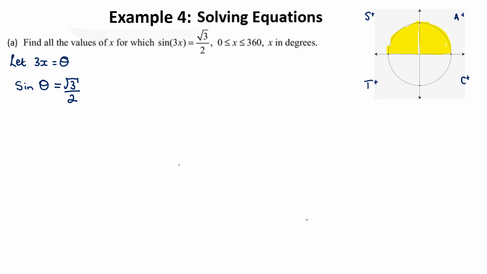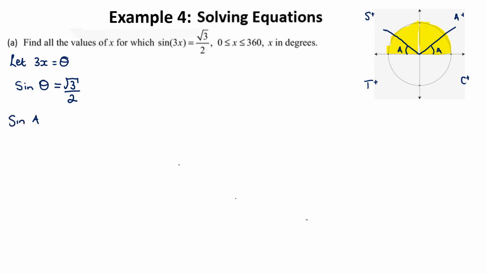So we need to figure out what those angles are. If I put an angle there and also an angle here, these little angles, let's call them A, should match. So that A is called my reference angle.